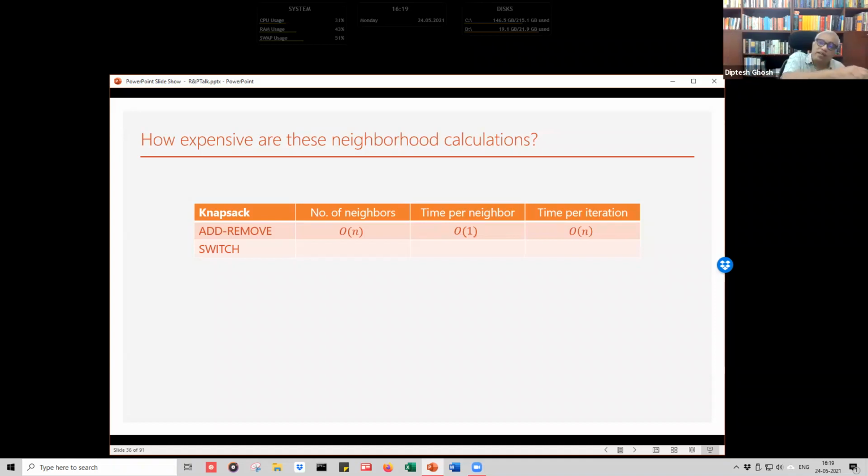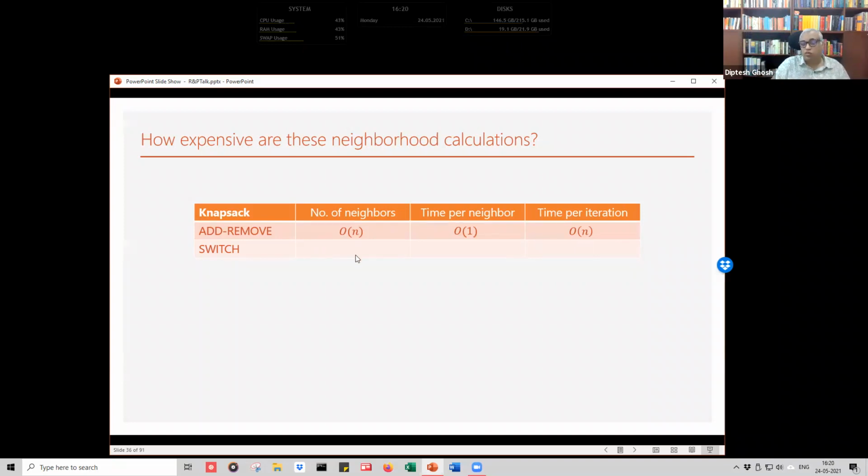If I did the initial way of looking at it, I would have spent 1,000 squared, 1,000,000 milliseconds to compute the neighborhood of a particular solution. Now, I'm going to take 1,000 milliseconds to compute the neighborhood instead of 1,000,000 milliseconds. So every time you reduce the time per iteration by an order of magnitude, your algorithm becomes that much faster, right?